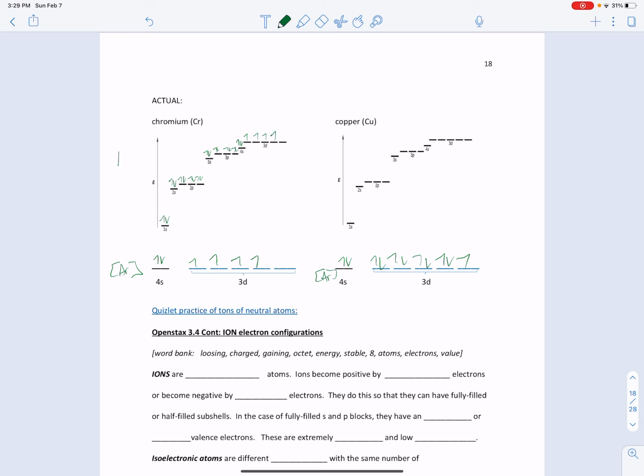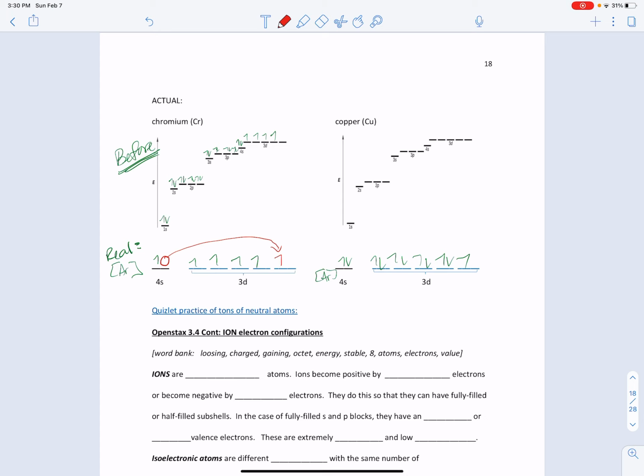So you can think this is like the before, and then this is going to be what really happens. What really happens is that this electron that was right here gets promoted over here.